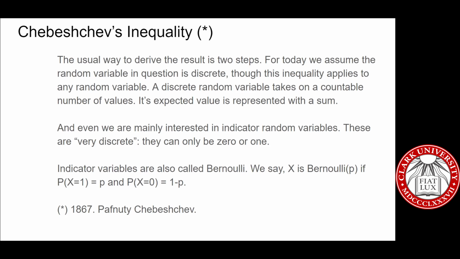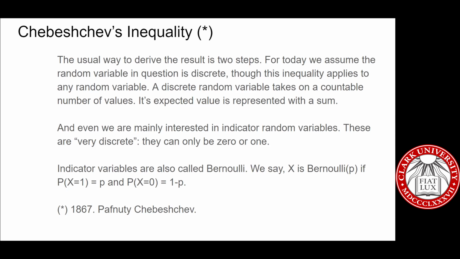Its expected value can then be represented by a sum, possibly infinite. We are mainly interested in indicator random variables, which are very discrete because they're only 0 or 1. So mainly we want to apply this inequality to such variables that are usually either 0 or 1.